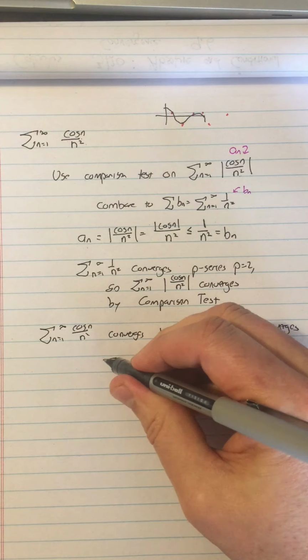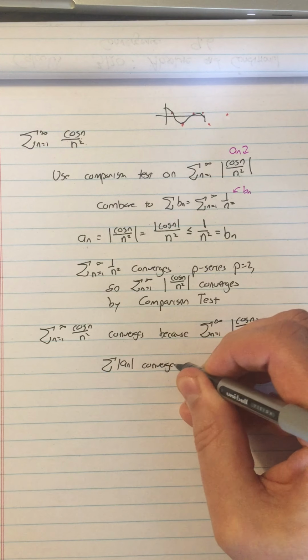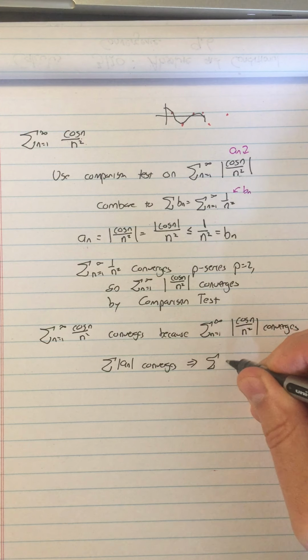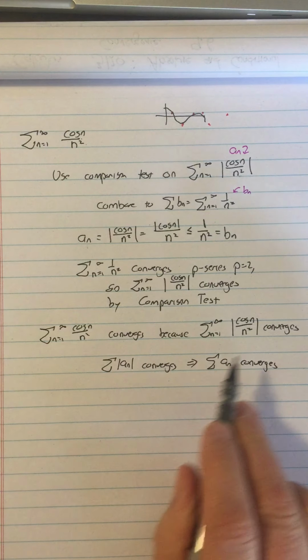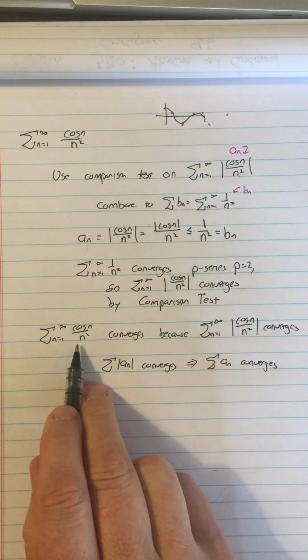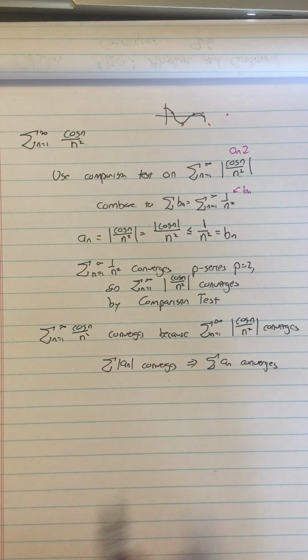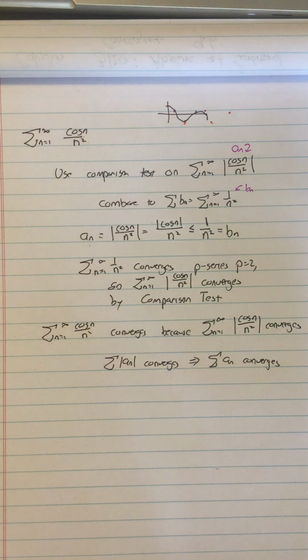So I can make a note that the sum of the absolute value of a sub n converges implies the sum of a sub n converges, or sometimes we say the series converges absolutely, and therefore the series converges. I don't usually justify this because that's not a test or a theorem that has a recognized name. It's just something that we know.